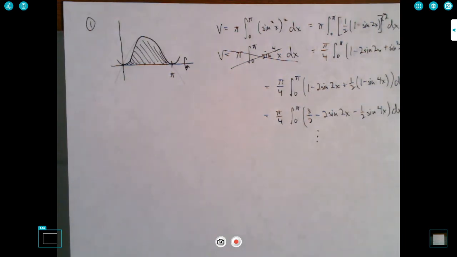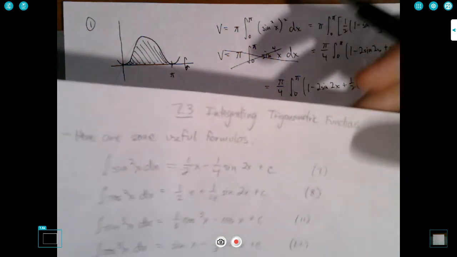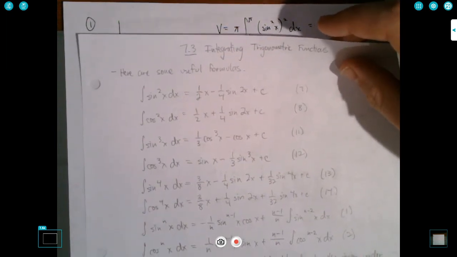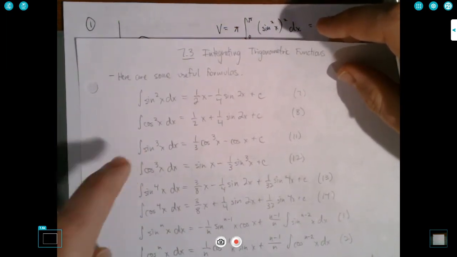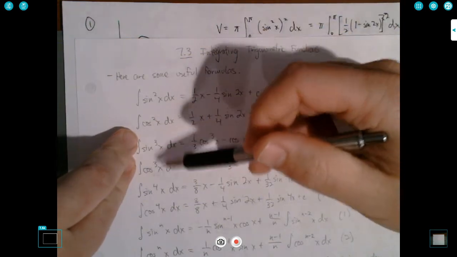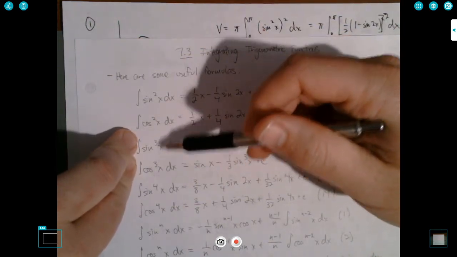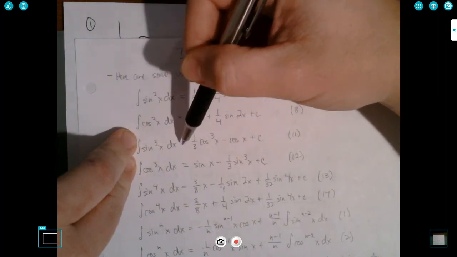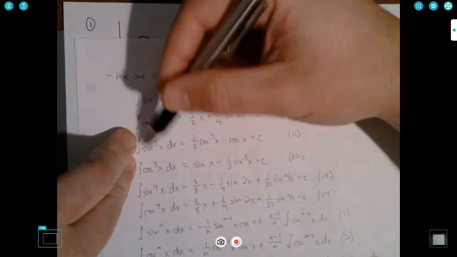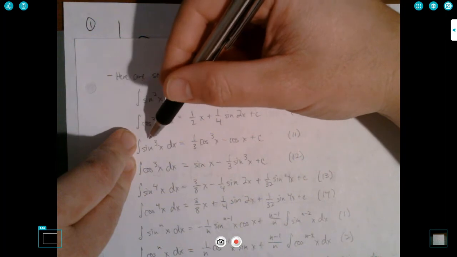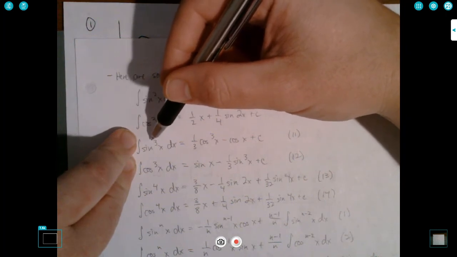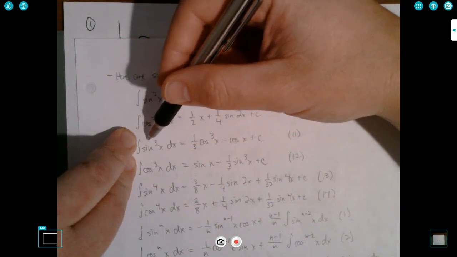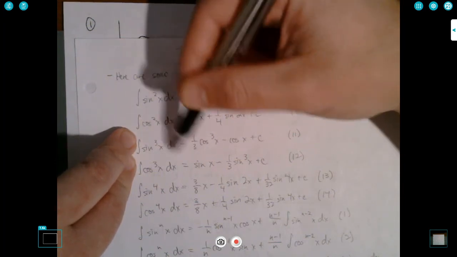You could go through a similar line of reasoning if you had a cosine to the 4th, or, well, actually with the odd ones, what you do is you peel one of them off. So you'd have a sine squared times sine. And then the sine squared, you could use the Pythagorean identity, call it 1 minus cosine squared, and then do a u substitution, let u be cosine x, and then du is going to be negative sine x dx, right?